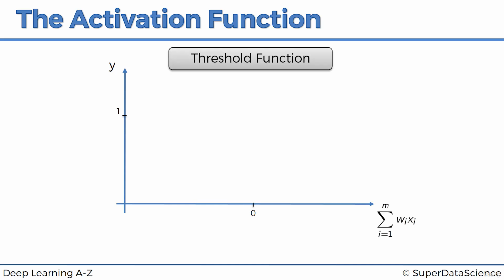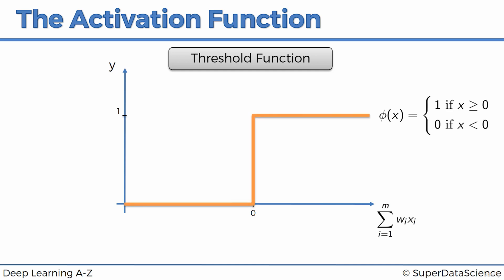So here is the threshold function. This is what it looks like. So on the x-axis, you have the weighted sum of inputs. On the y-axis, you have just the values from 0 to 1. And basically, the threshold function is a very simple type of function where if the value is less than 0, then the threshold function passes on 0.